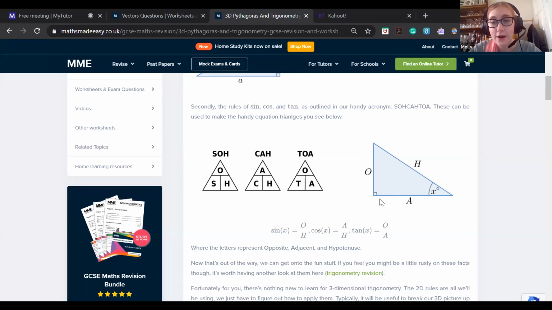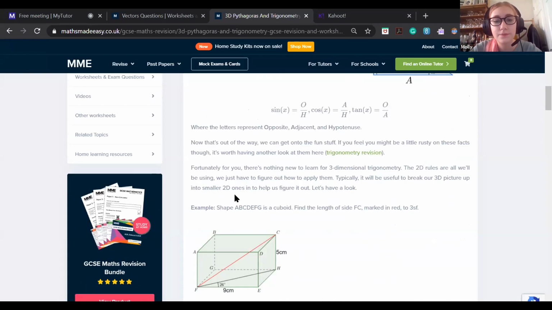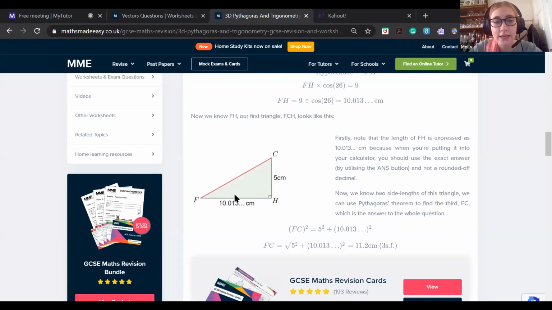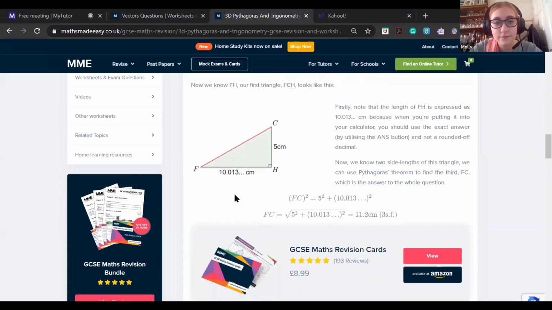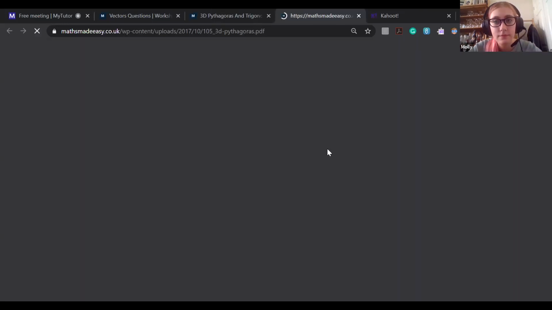So working out a length of the triangle, you label the sides, work out which two you have, work out which trig function you should use, and then always put it in as trig function of the angle equals first one over the second one, whichever it is. So let's have a look at one such as this.